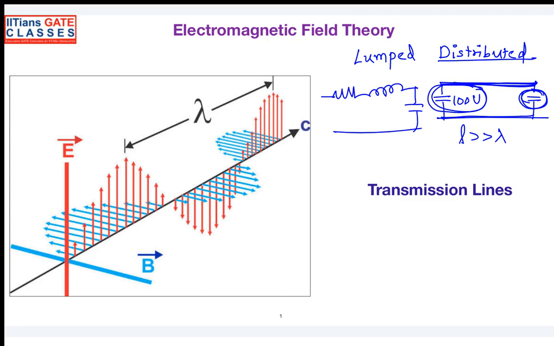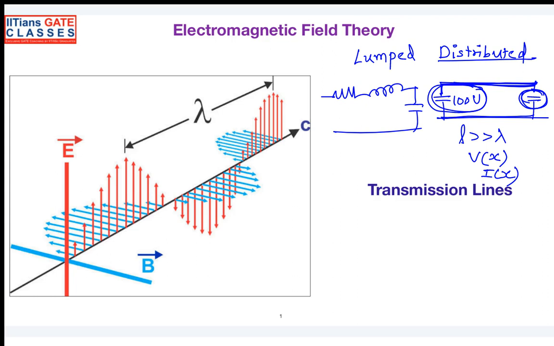So in a distributed network, the voltage varies as a function of distance. Similarly, your current varies as a function of distance. Which means if your source is supplying 10 amperes of current, by the time it reaches the load, only 1 ampere reaches the destination. So distributed basically says that the voltages and currents are continuously going to vary as a function of distance.